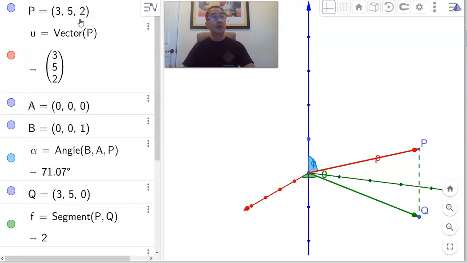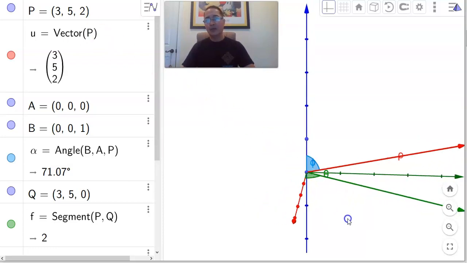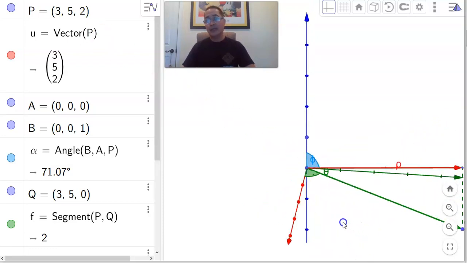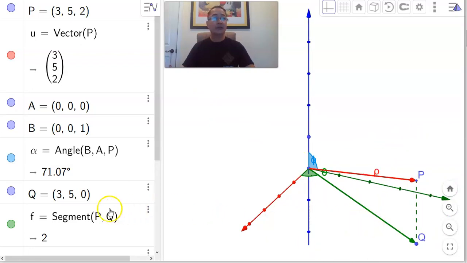So we have inverse cosine 2 over square root of 38. And what is our theta corresponding to Q? So yeah, we have y over x, right? So 5/3 is our tangent of theta. So we have inverse tangent of 5/3.